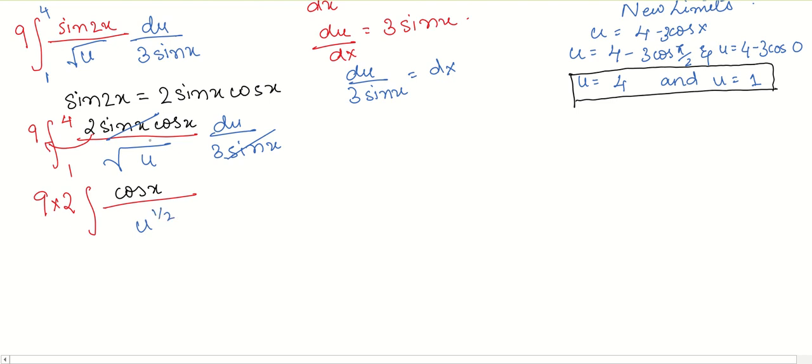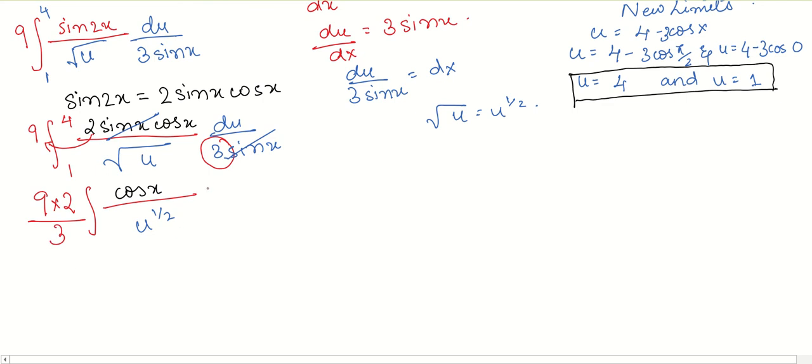I'm just changing it: root of u is equal to u to the power of 1/2. The constant you can take outside the integral.